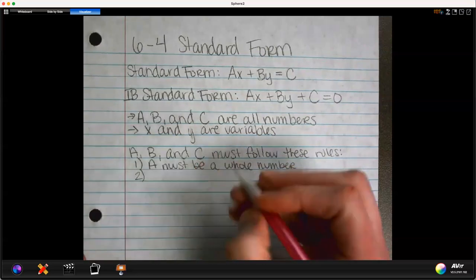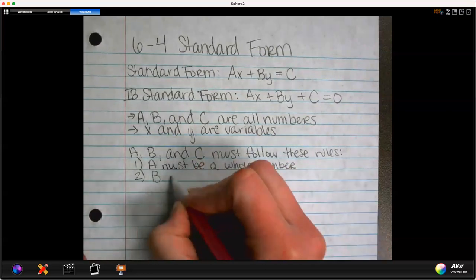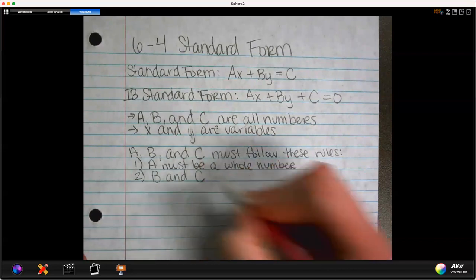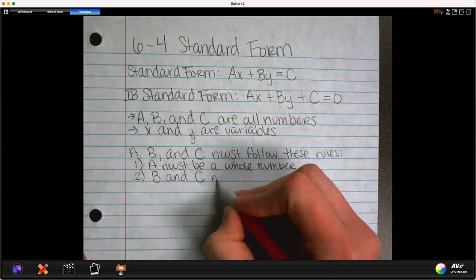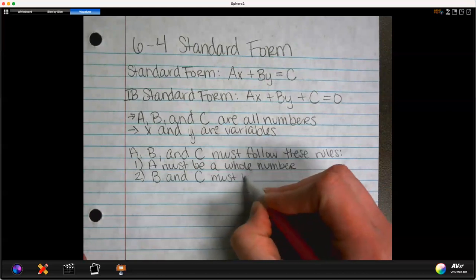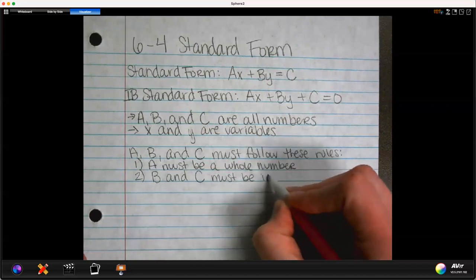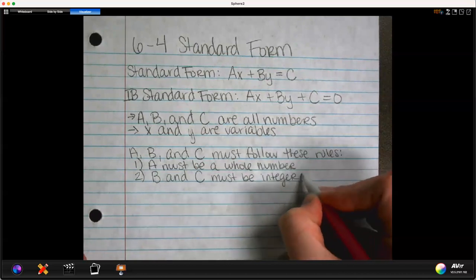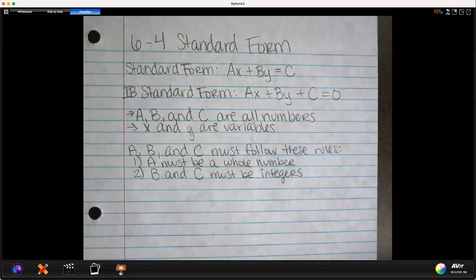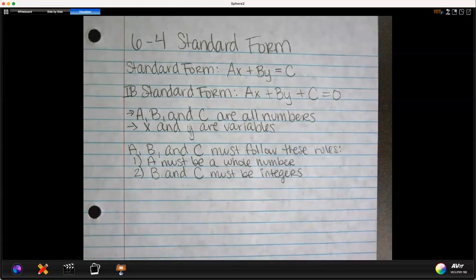Number 2, B and C must be integers. A must be a whole number, whereas B and C must be integers.